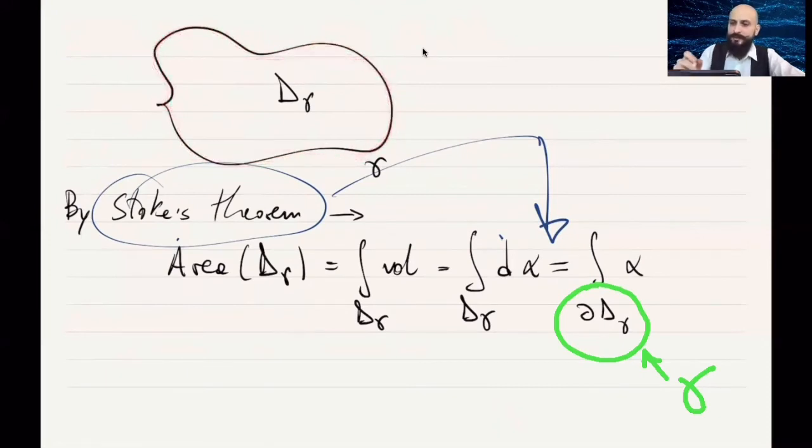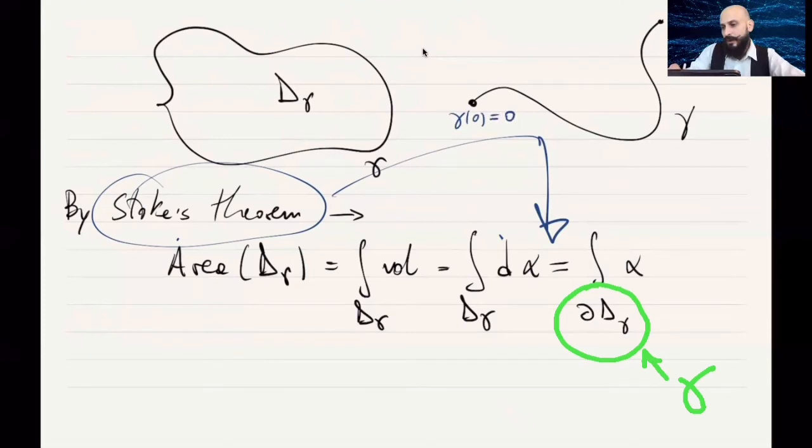Now what happens if gamma is not a closed curve? So what if gamma has different endpoints? Let's say that gamma of 0 is 0.